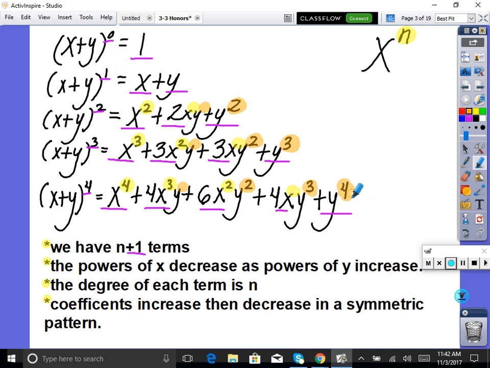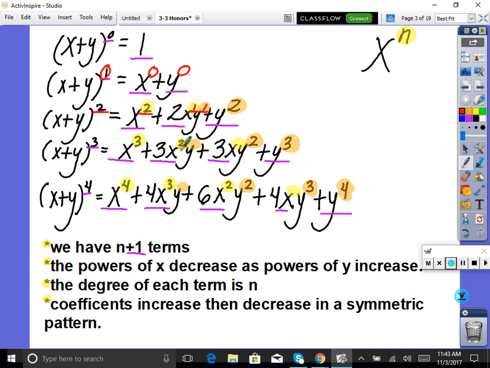Next thing, the degree of each term is n. So what that means is we have degree 1 here. Both terms have degree 1. Degree 2, each term has degree 2. That is 2, that's 2, because 1 and 1, when you multiply, you add, right? So that's degree 2.